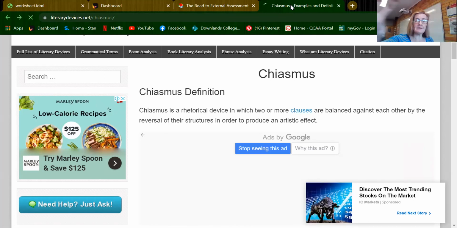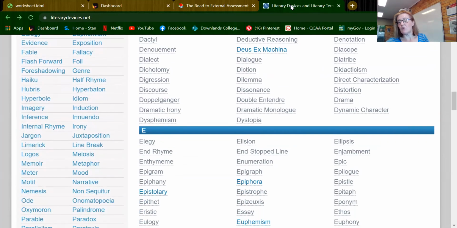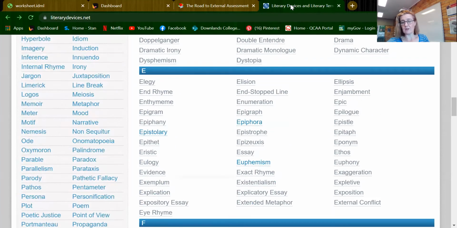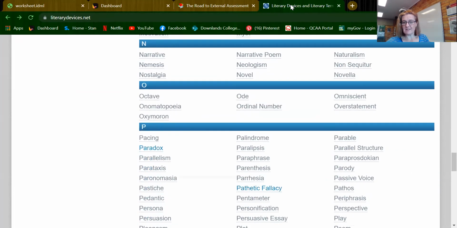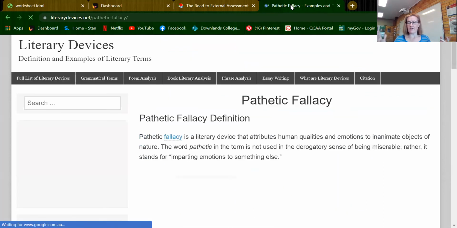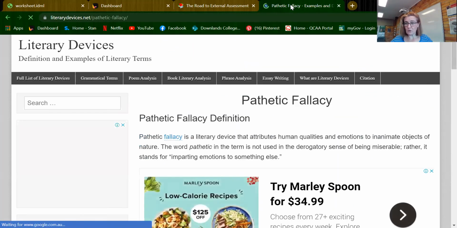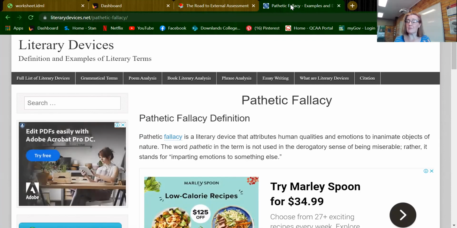If I jump back, I'm also going to make reference to one other one right now, because it's going to be relevant to my very next tutorial, and that is the idea of pathetic fallacy. So pathetic fallacy, if you've not heard it before, is actually the idea of the real world, the physical world, becoming a manifestation of the way I feel, or the way human choices are impacting the world.